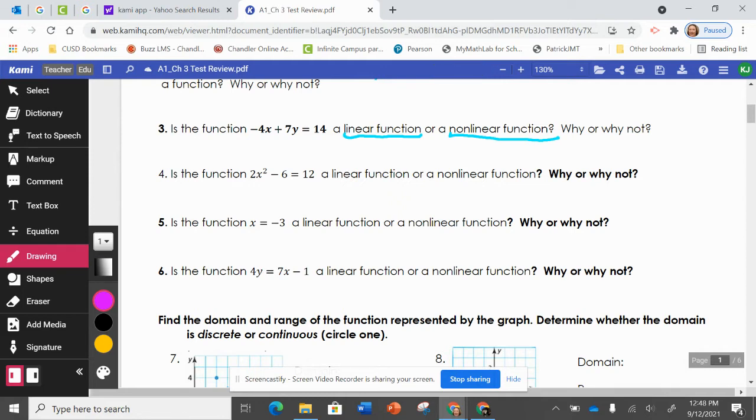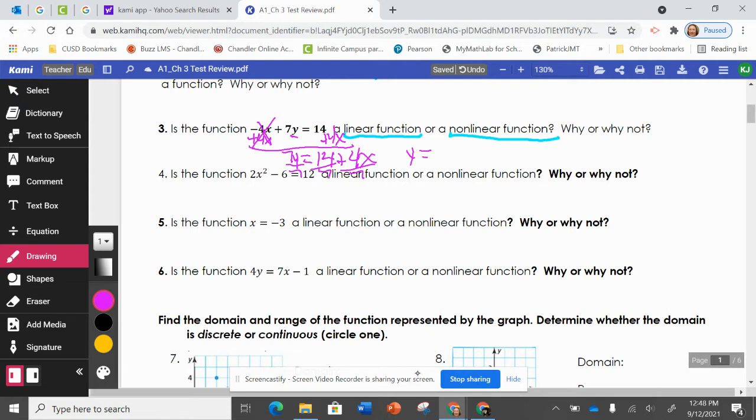So for number 3, I'm going to get y alone. Remember, the two steps that always work for getting y alone is to add or subtract x to the other side. 7y. Remember, we can't add 14 and 4x. They're not like terms. So we will just have them sit next to each other. From there, we divide everything by 7.